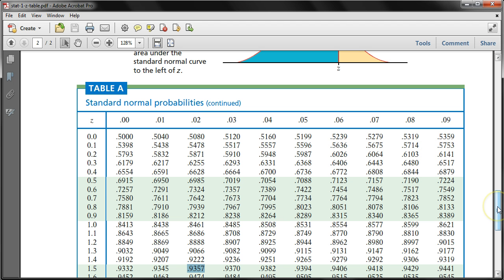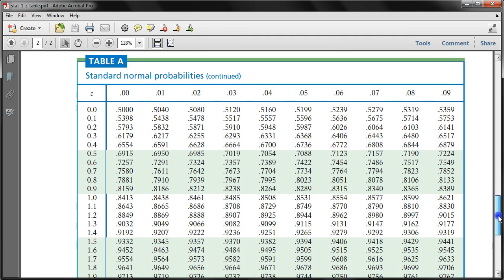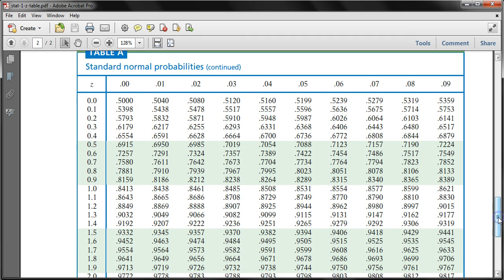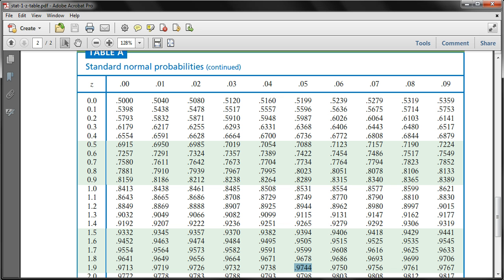So in a normal table, you look at 1.95. Okay, in the second page, 1.9 is here, 1.95. Wasn't it 1.94 or 1.95? 1.95, yeah, 0.9744.